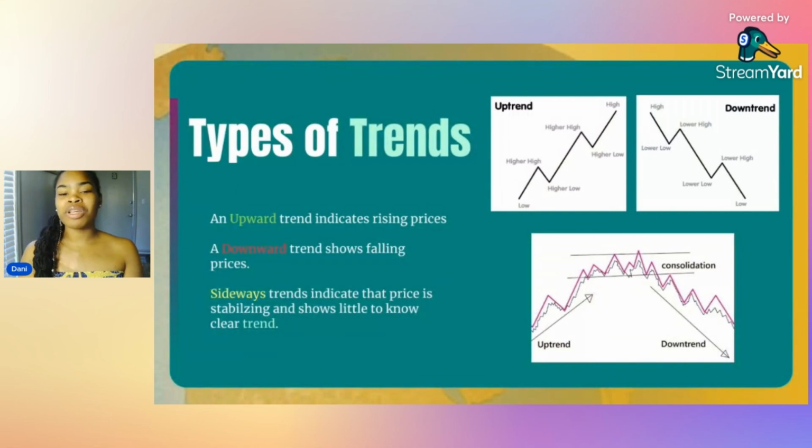We have three main trends in technical analysis. You have an uptrend, a downtrend, and consolidation. This is not just for cryptocurrency. This is not just for Forex financial instruments. This is for any chart displayed data that revolves around the economy.